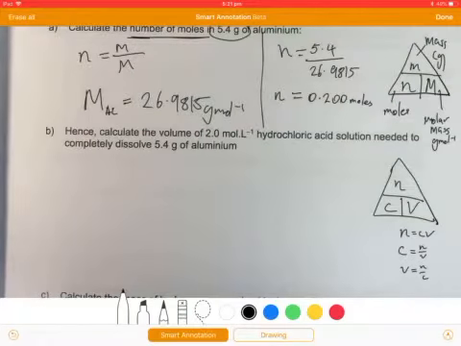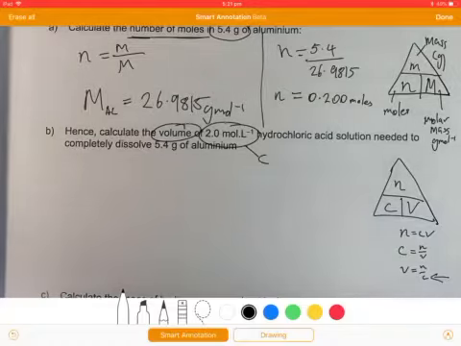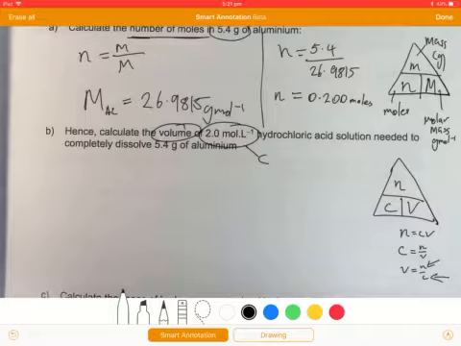So we're being asked to calculate the volume. We know the concentration, which is given to us here, but we don't know the moles. However, we can work that out.